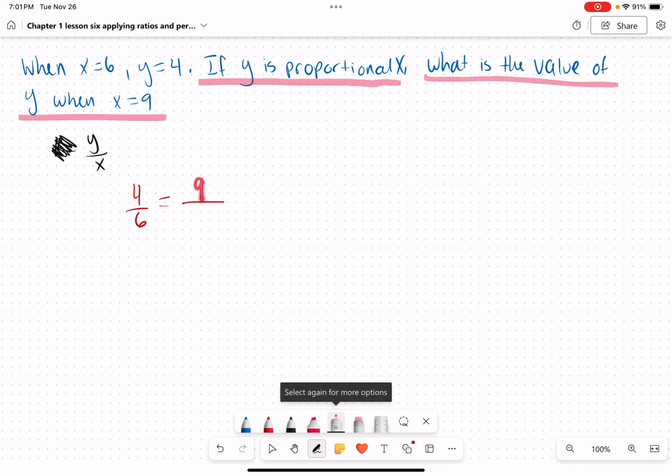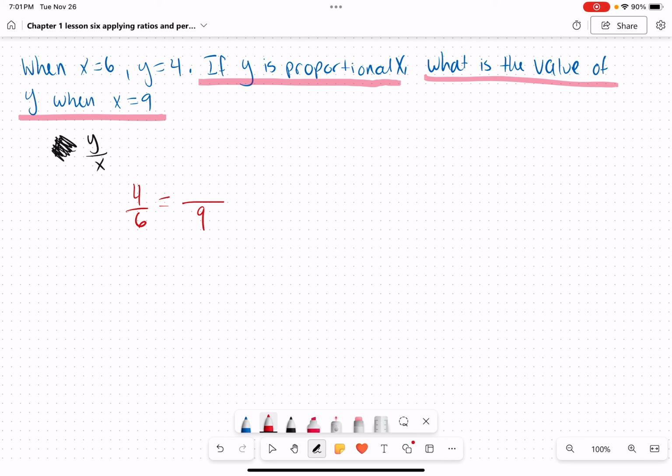Up here or down here? We must have it proportionally equal, so we have y over x, and therefore the right side must also be y over x. The value given is x equal to 9, and x is in the denominator, so we write 9 at the bottom.